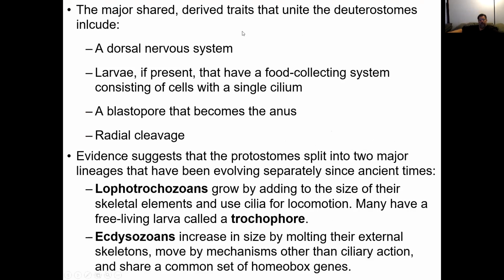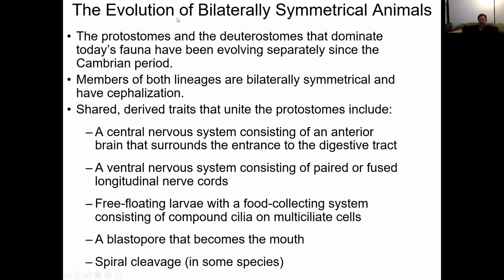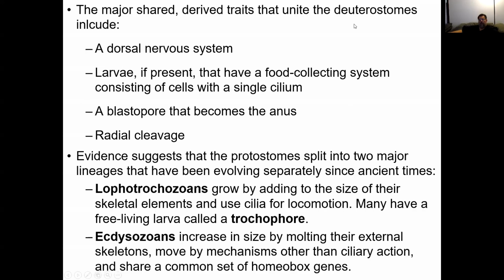Okay, so let's look at this again. Talking about the evolution of bilaterally symmetrical animals, protostomes and deuterostomes was a big split. And then, as I mentioned already, deuterostomes have a dorsal nervous system.